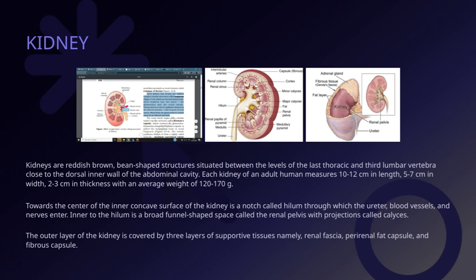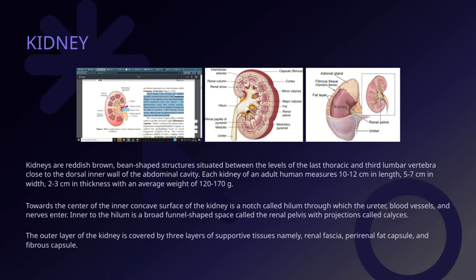Now, let's talk about the physical characteristics of the kidneys. They are reddish-brown and bean-shaped structures, positioned between the last thoracic vertebra and the third lumbar vertebra, close to the dorsal inner wall of the abdominal cavity. In terms of size, each kidney in an adult typically measures about 10 to 12 centimeters in length, 5 to 7 centimeters in width, and 2 to 3 centimeters in thickness.